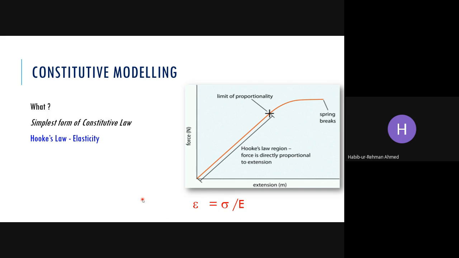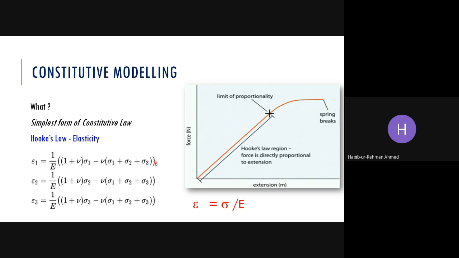But in any material, generally when we look at these plots, it seems that there is a one dimensional relationship. But no, in any material, which is basically a 3D material, we have different stresses that act in different directions.